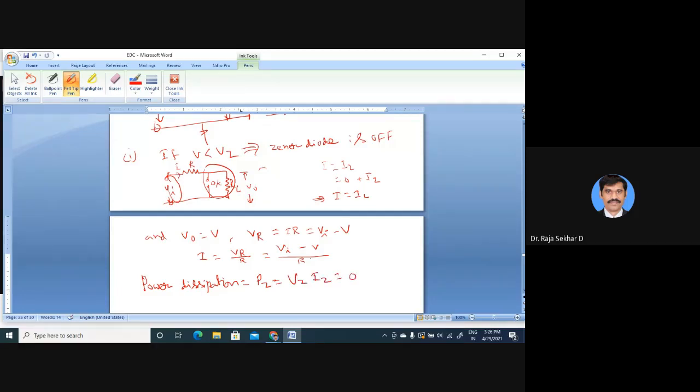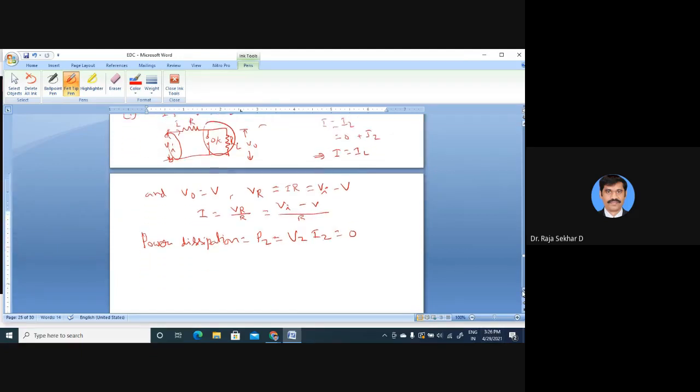Iz is equal to 0, therefore Pz is also equal to 0.